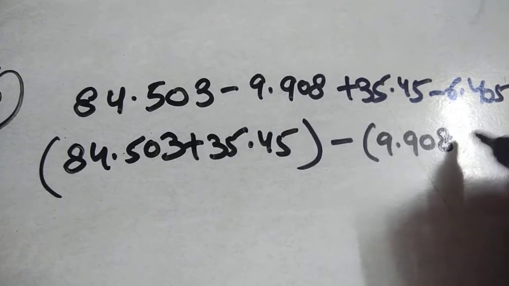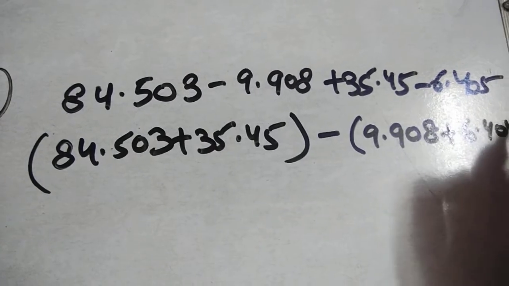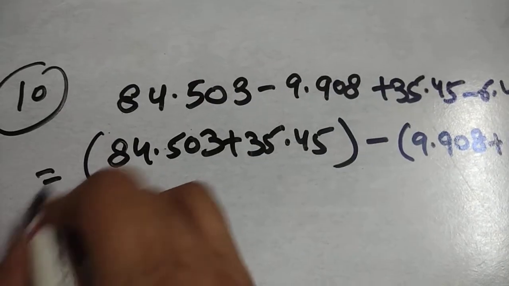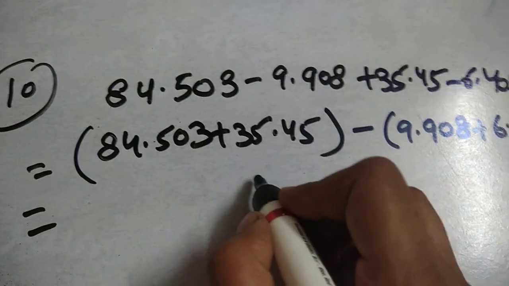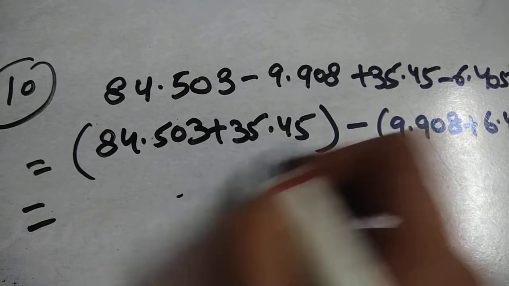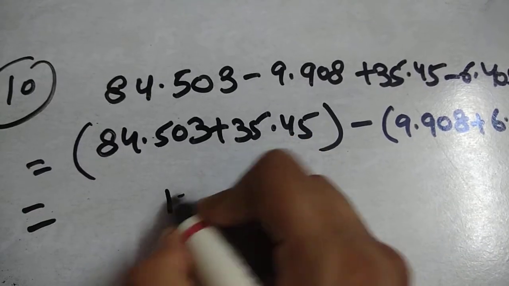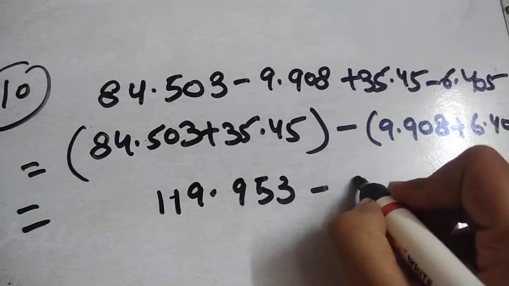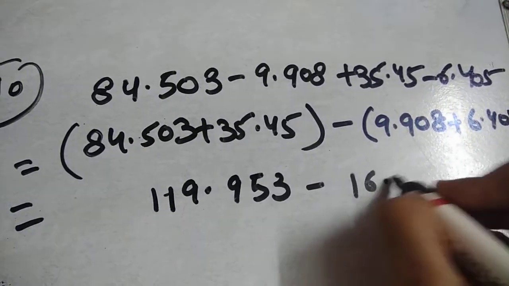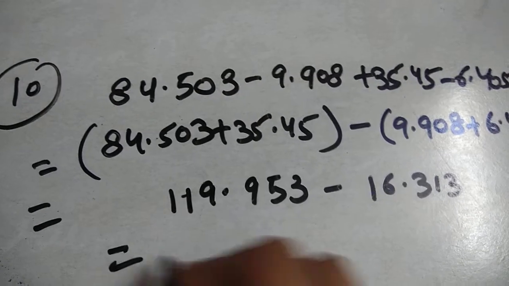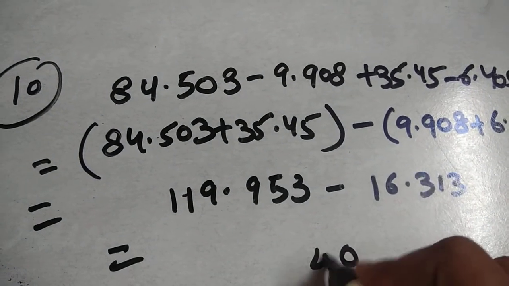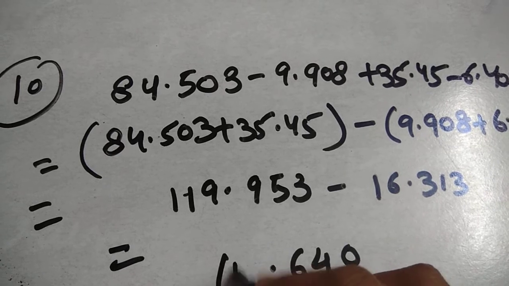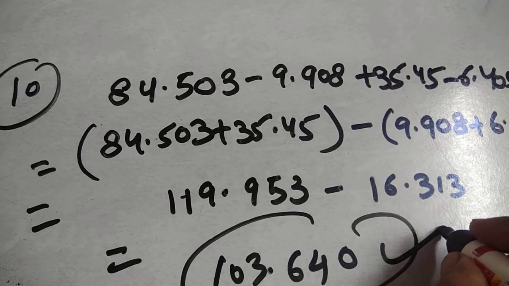Then we do separate additions for these numbers. First we do the addition of these numbers, then we do this, so it becomes this, so the value becomes this. This is your answer.